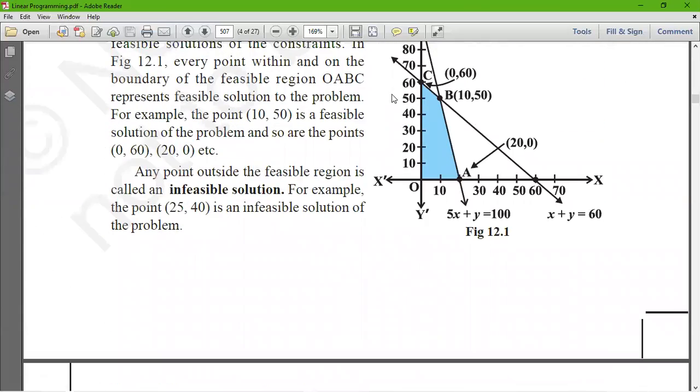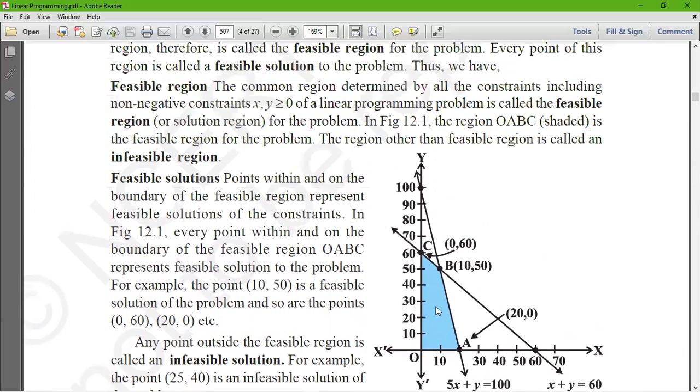Therefore, our region is from this line to this line. And the common region of all the lines is the shaded region. Is this clear?